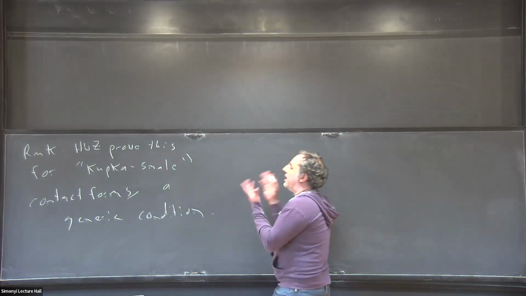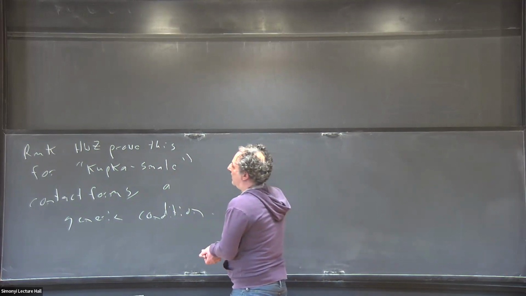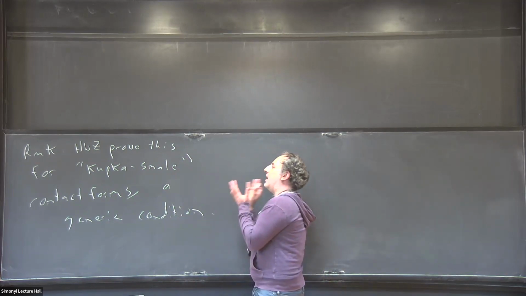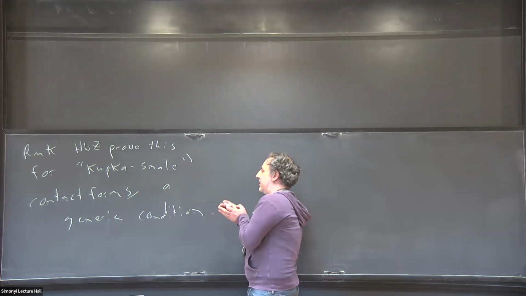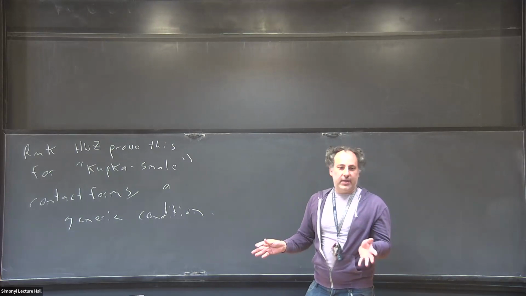So I'm not going to write the definition of Kupka-Smale on the board. We won't use it at all in the talk. But anyways, it means that the contact form is non-degenerate, and it means that the stable and the unstable manifolds of the hyperbolic orbits intersect transversely.